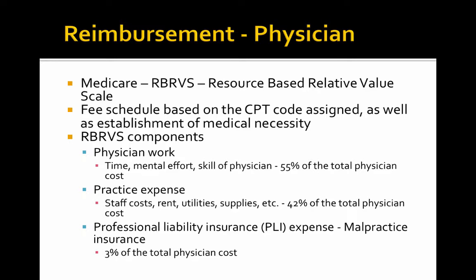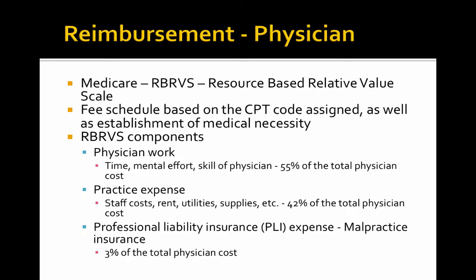So you might look at, say, an office visit, and then compare that to a neurosurgical procedure, and the physician work numbers are going to be much higher for that neurosurgical procedure than they would be for an office visit, just because the time taken for that neurosurgical procedure is going to be much higher. The mental effort, the skill is going to be much higher for that second procedure than it would be for that office visit.